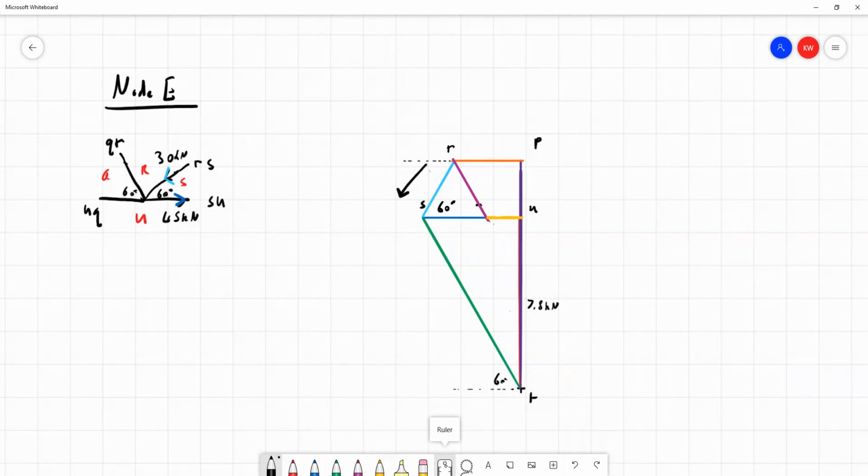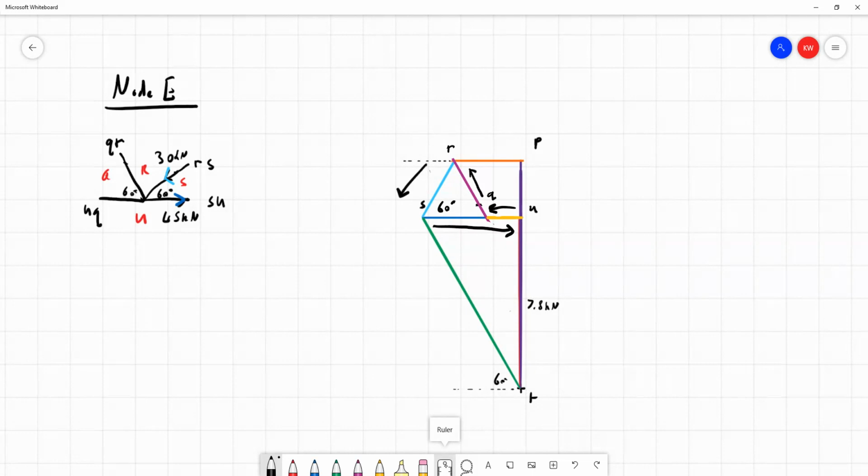We're traveling from S all the way along to U, because that is the vector SU. The point where the pink and the yellow line meet must be point Q. So this must be point Q here, because we had the vectors QR and UQ, so that's where they meet here. And so we're coming down RS, we're going along S to U, we're coming back along from U to point Q, and then we're traveling up Q to R. So this is our path.